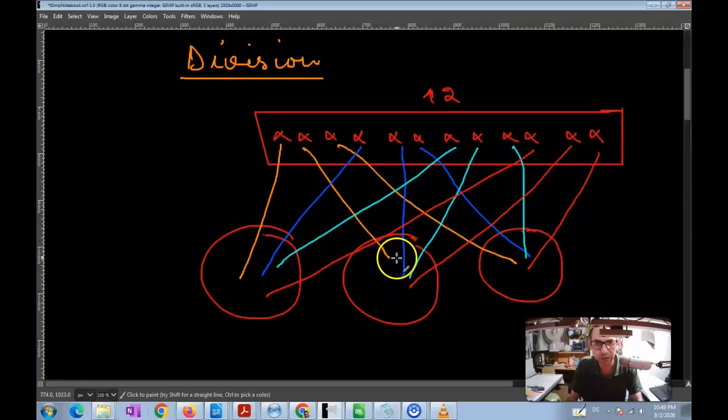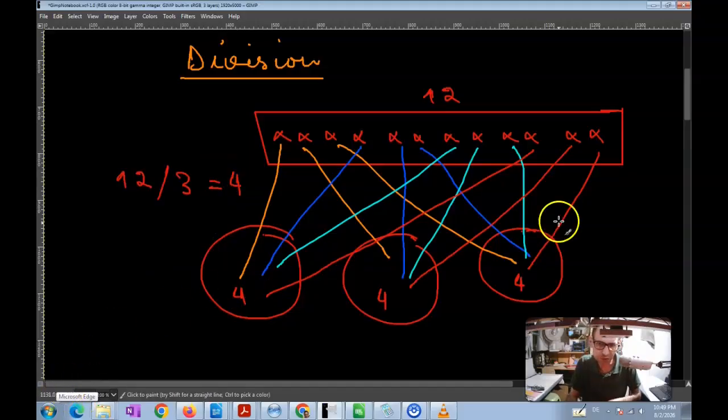That's the fourth round of the division. So you see now that I got 4 objects here, 4 objects here, and 4 objects here, which means that I have 12 divided by, well, 3 groups, and each group got 4 objects, right?